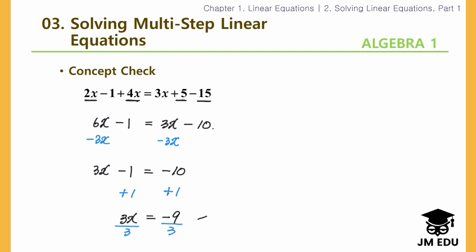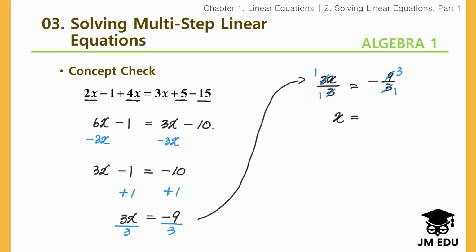Then we have 3x over 3 is equal to negative 9 over 3, and 3 divided by 3 is 1. So that's going to be x is equal to negative 3. So the answer for this equation is x equals negative 3.